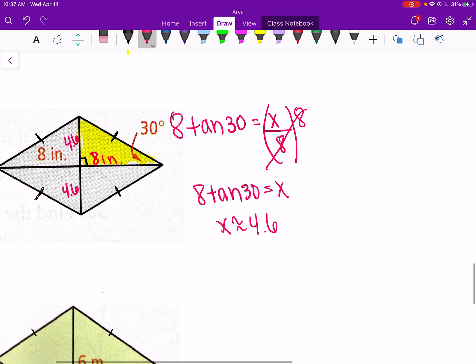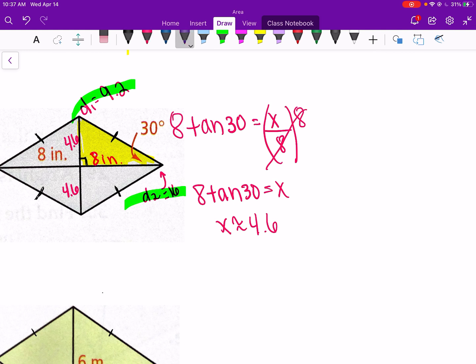So now we have the lengths of our diagonals. I know that this length is 4.6 plus 4.6, which is 9.2. And this diagonal, the one horizontal, is 8 plus 8, or 16. So there's our two diagonals.